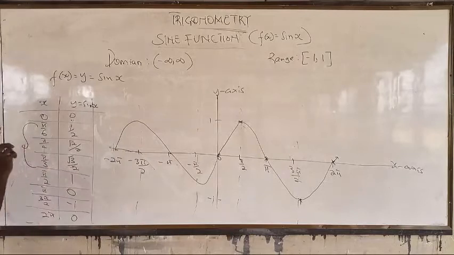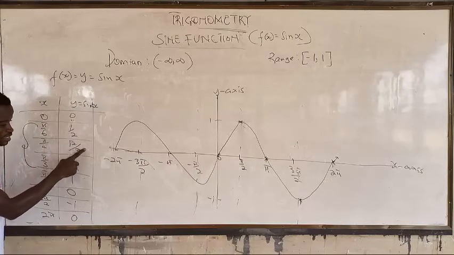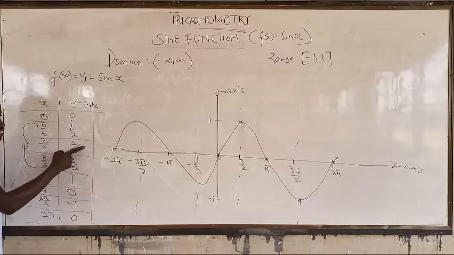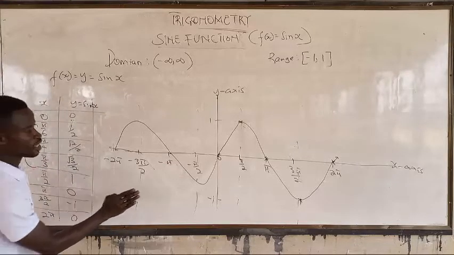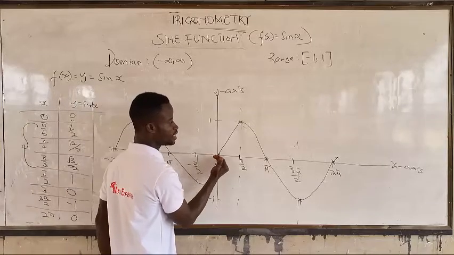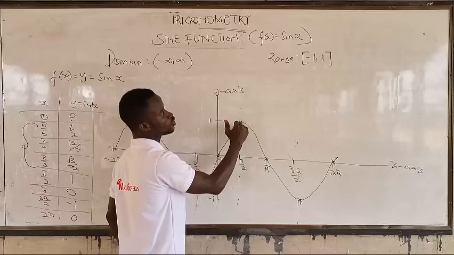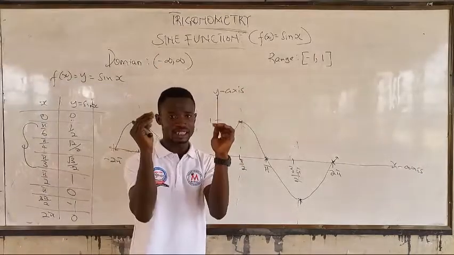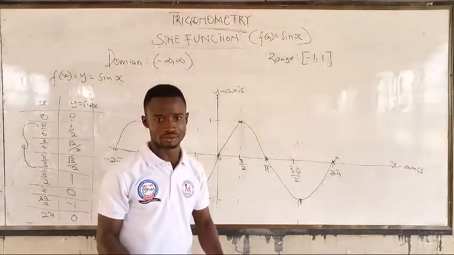Now you can see clearly that this is 0.5. Now this increases to this, then this increases to this. So you can always see that this is greater than this, this will be greater than this, and this is greater than this. So you can see it starts from 0, increases, and when it gets to this, also note that the range is bounded within -1 and 1.